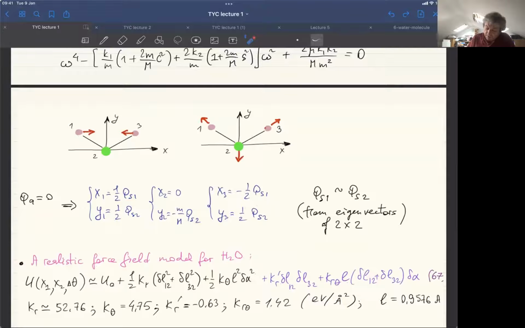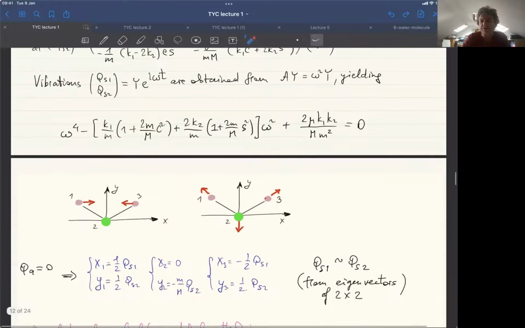And because in normal modes QS1 is proportional to QS2, but with a different proportionality constant because of different solutions, you will arrive at two eigenmodes. In one, hydrogen atoms move like that, and oxygen doesn't move. And in another, it's kind of a breathing mode. Hydrogens move like that, and the oxygen moves like that, up and down.